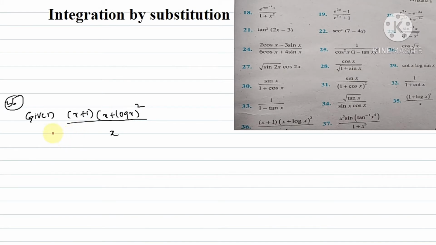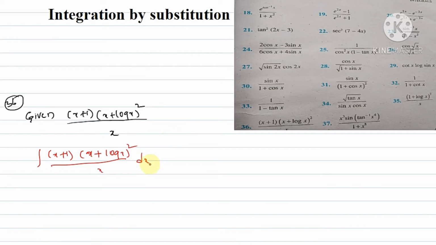Next problem is the 36th problem. Here he has given x plus 1 into x plus log x whole square upon x. So this integration we have to find out, that is the integral of x plus 1 into x plus log x whole square upon x dx.